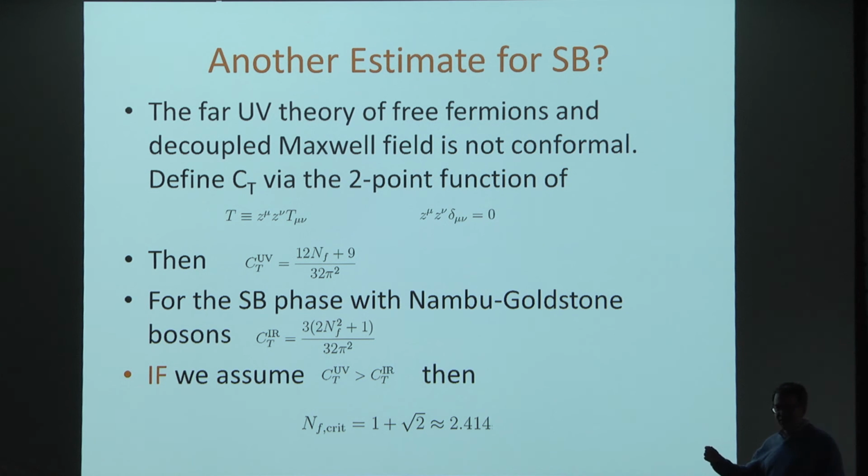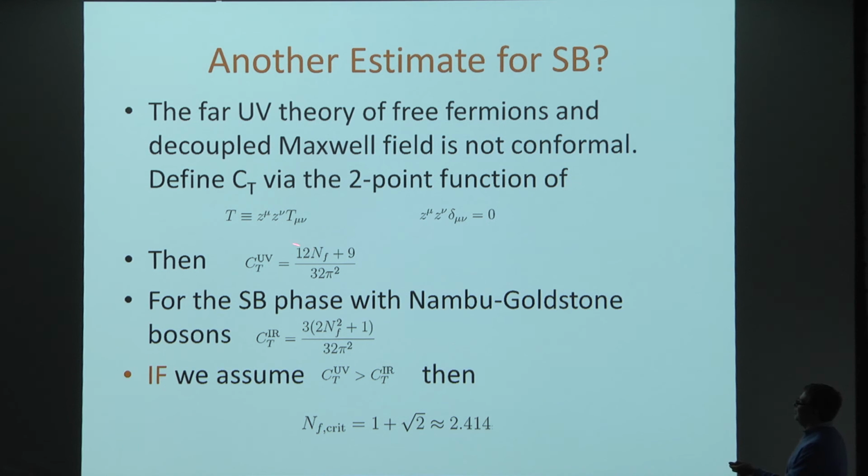Now, the UV theory, as I mentioned, is not conformal, but you can still define CT for it just by using the light cone component. This is like T++. So we have a vector which is null. We multiply T mu nu by two of these null vectors, and this gives you a completely well-defined Maxwell contribution, which is 9/32 pi squared.